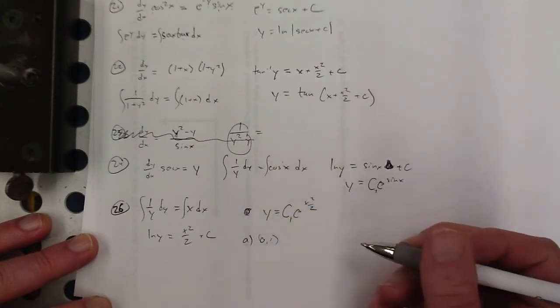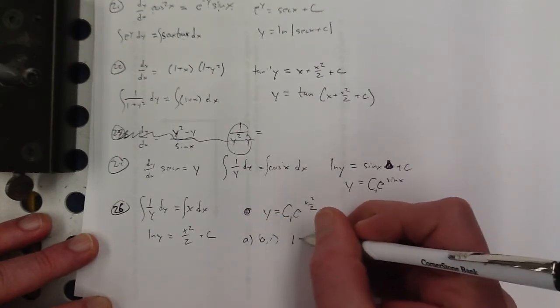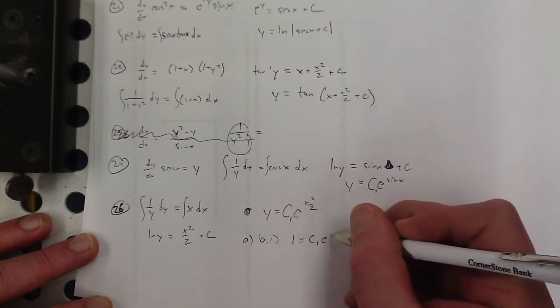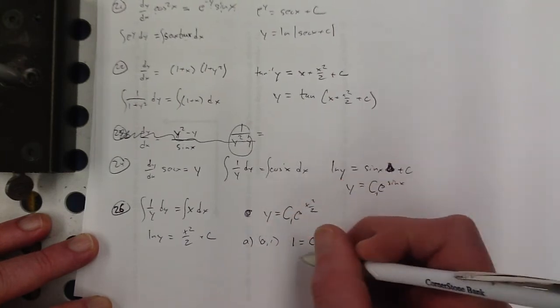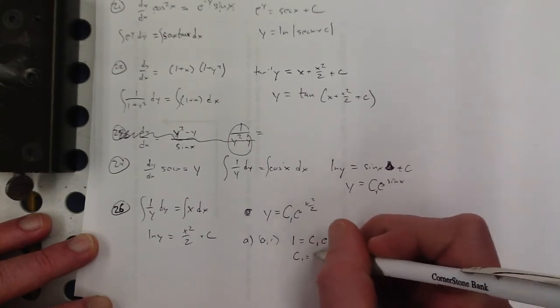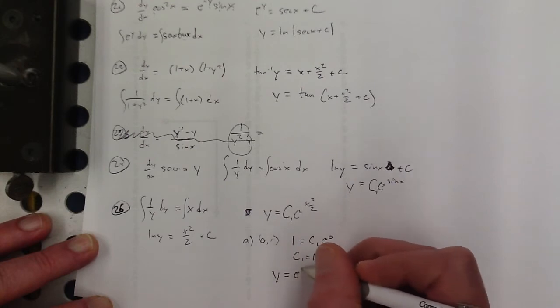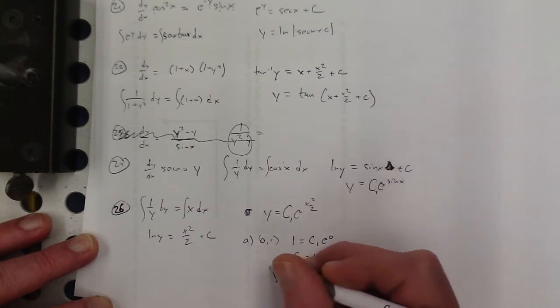So if y is 1 when x is 0, then that constant is just 1, and my particular solution is y equals e to the x squared over 2.